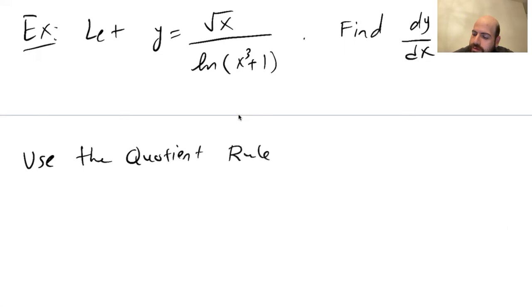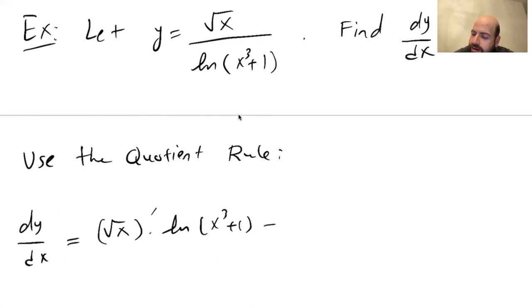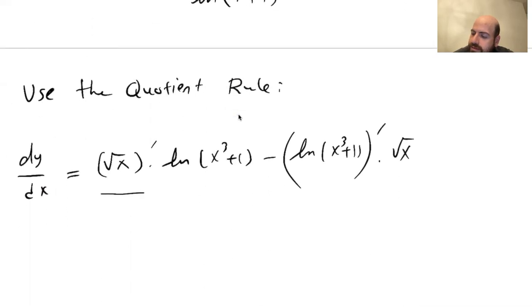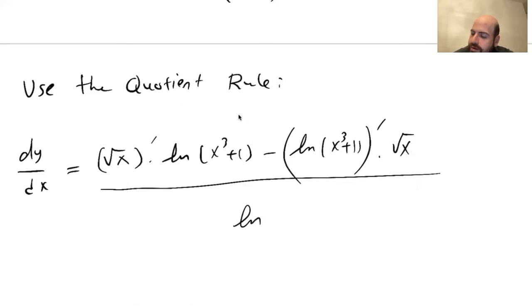And what do we get then? So then we get dy/dx is equal to the derivative of root x times ln of x cubed plus 1, minus the derivative of ln of x cubed plus 1 times root x, divided by ln of x cubed plus 1, the whole to power 2.